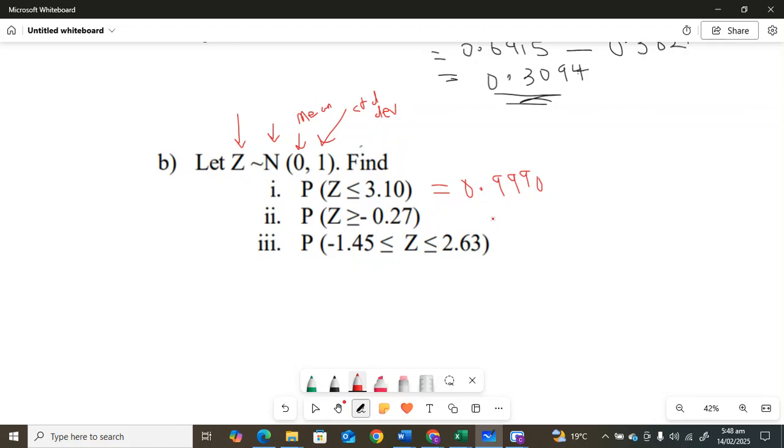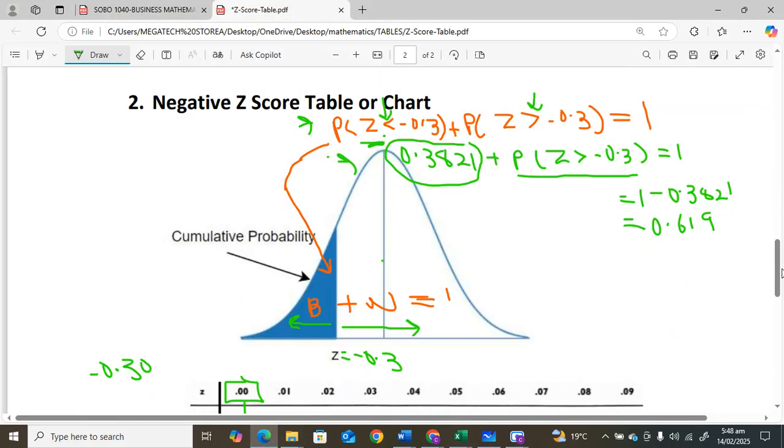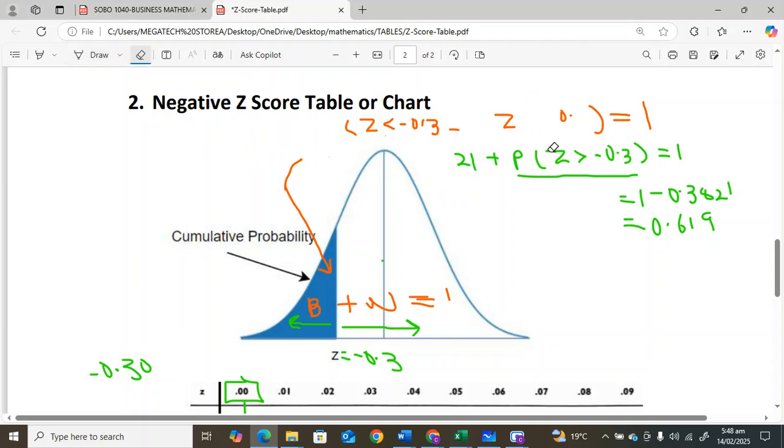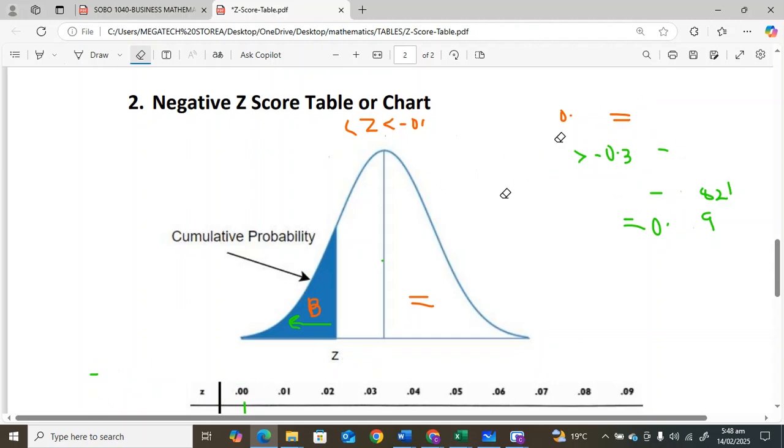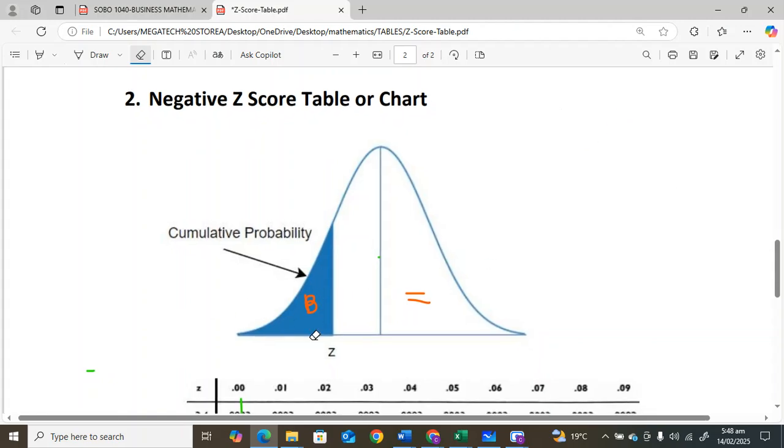Okay, we go to the next question. Z greater than negative 0.27. Let me write it here.